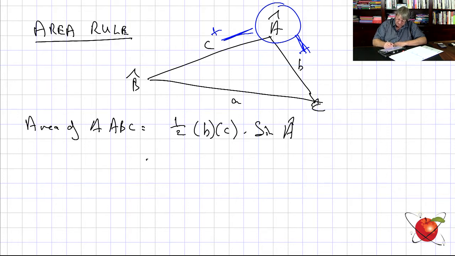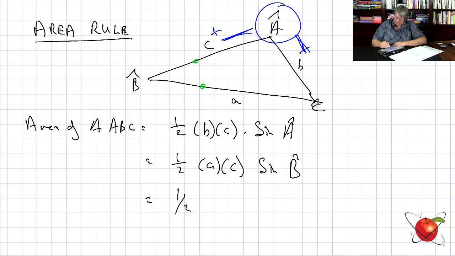I could have said the area is also equal to a half ac, and a and c include angle B. Let's just have a look here. I'm using this one and this one, so it must be sine of B. And obviously, it can be a half ab, and I'm using these two now, so it's sine C, correct?